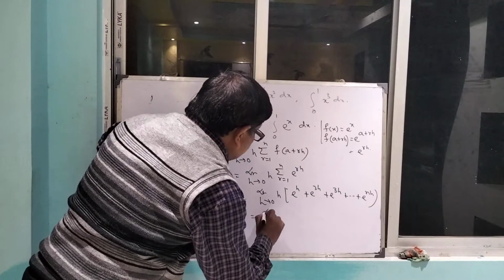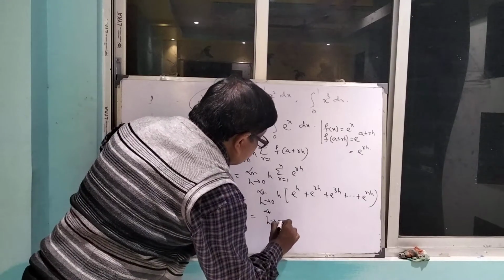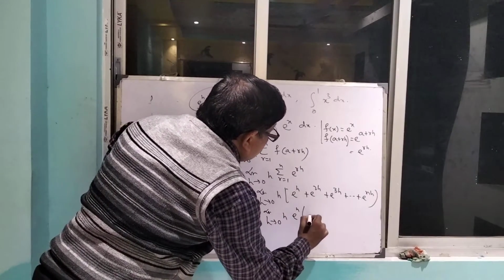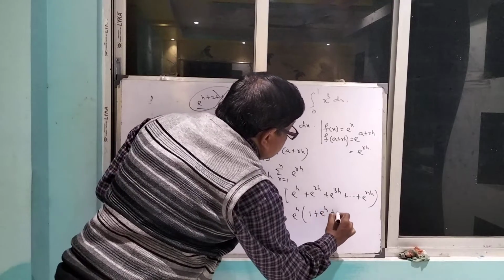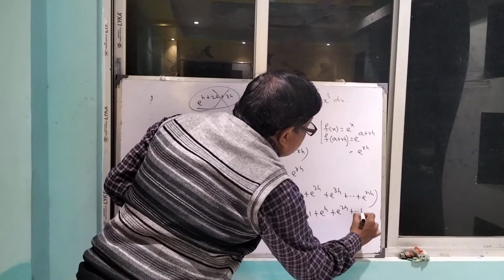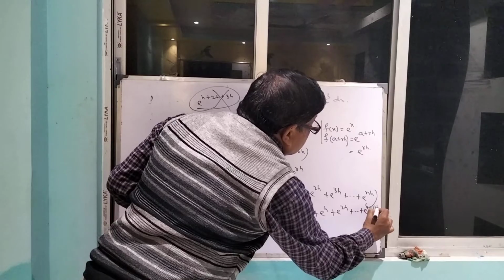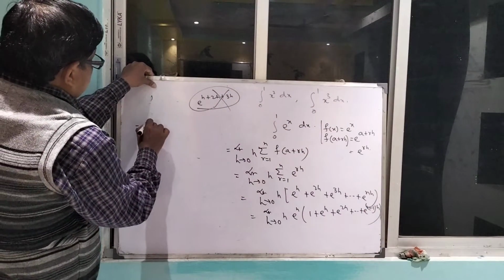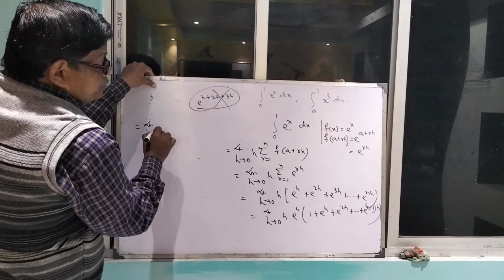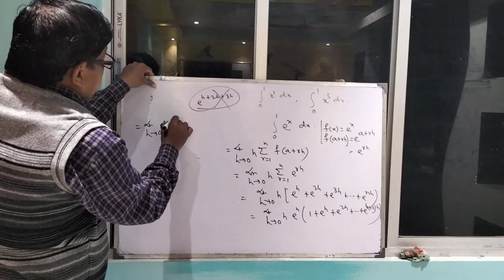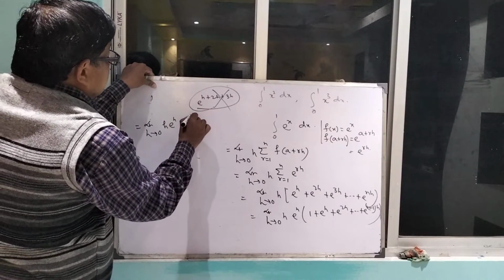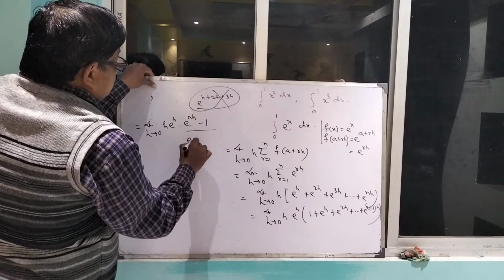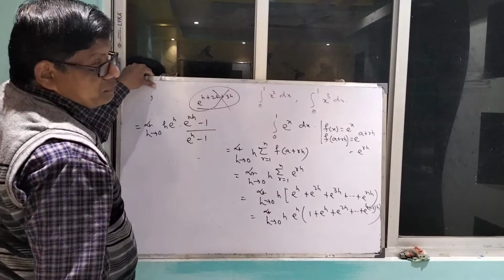So now write here limit h tends to 0, h, take e to the power h common, 1 plus e to the power h, e to the power 2h, plus up to e to the power n minus 1 into h. Now the formula all of you know, limit h tends to 0, h e to the power h times e to the power nh minus 1 by e to the power h minus 1.